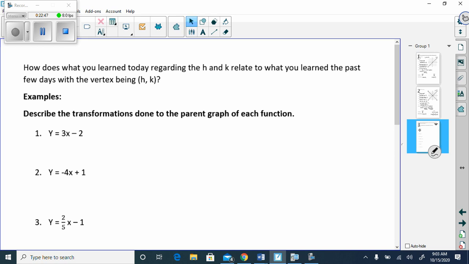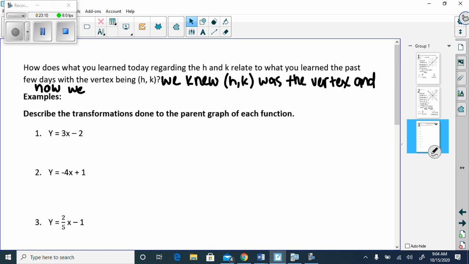So we knew (h, k) was the vertex, and now we know it controls left and right, and up and down shifts.